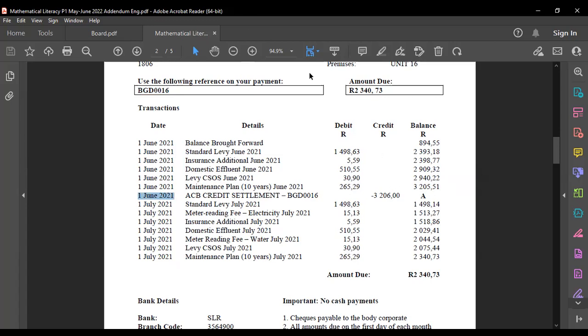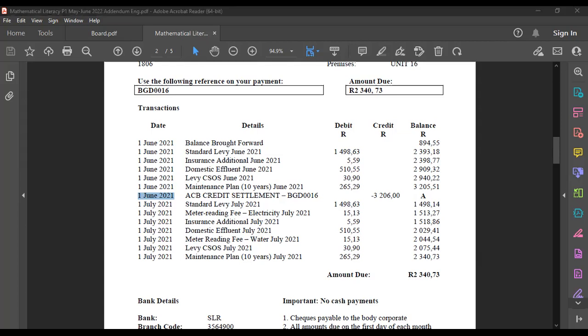So we add it the way it is, with this negative here, to get the right number. This will be negative 3206,00 plus 3205, and the answer becomes 49 cents.